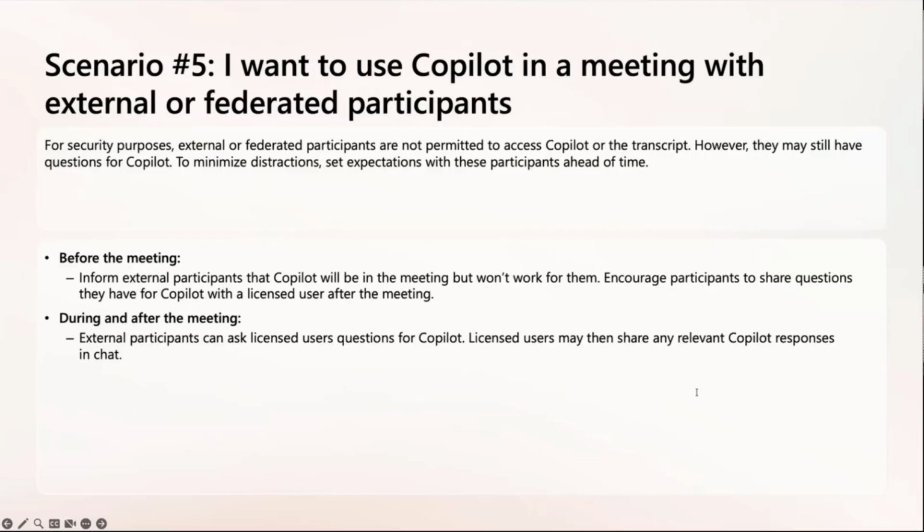What you can do is inform the participants in the meeting that it won't work for them. And then perhaps share the recording with them after the fact. They can ask questions during the meeting and those sorts of things, but there's certain things that won't work for them just based on policy as far as crossing those tenant boundaries is concerned.